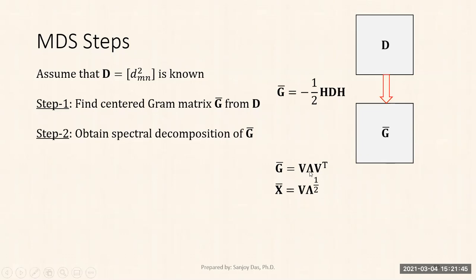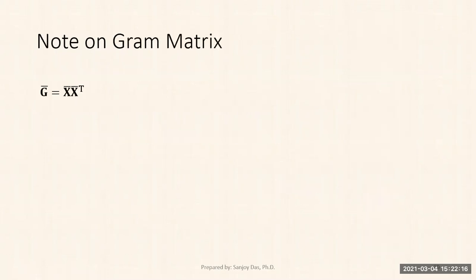Therefore, if lambda is the diagonal matrix of all eigenvalues, you can just take the square root of the diagonal elements. They'll also be non-negative, and you'll get X equals V lambda to the half. And so then you can retrieve your X's. So this is how you get your X.